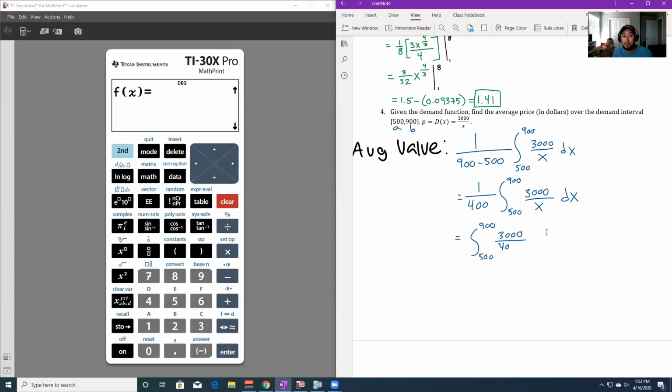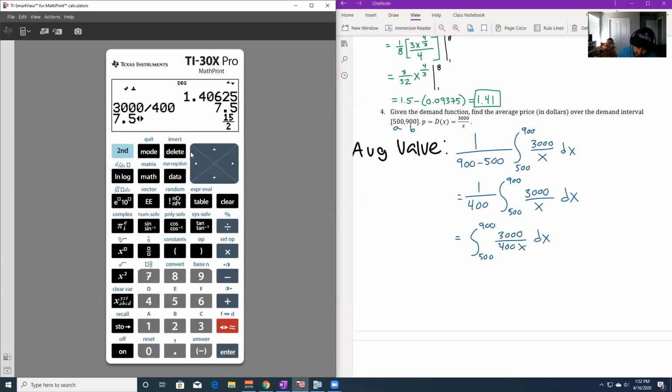Now let's do one simple cleanup. What's 3,000 over 400? 7.5, right? So I think that's what it wants. So this is the first part of the answer in my MyMathLab.